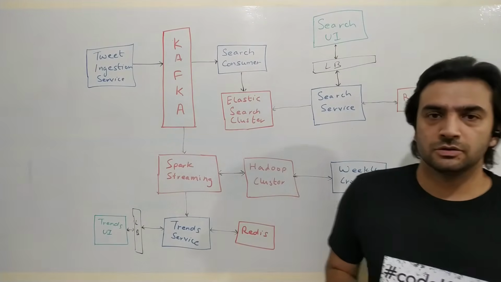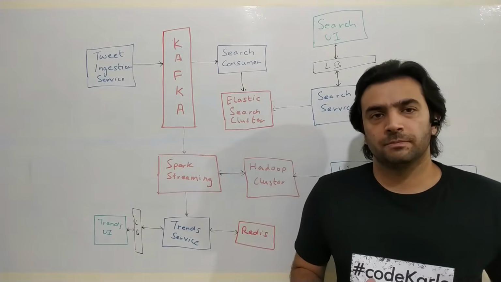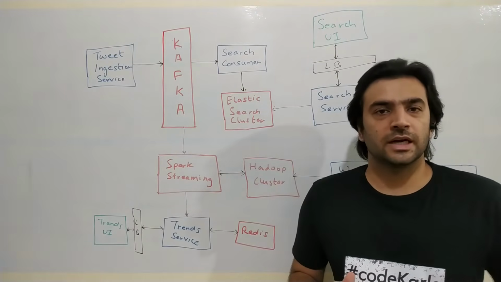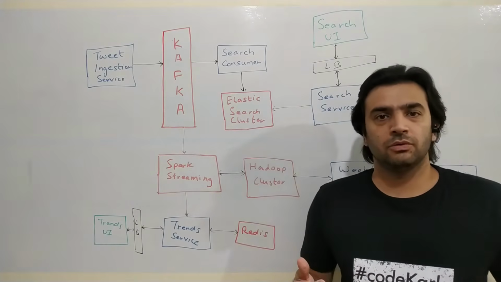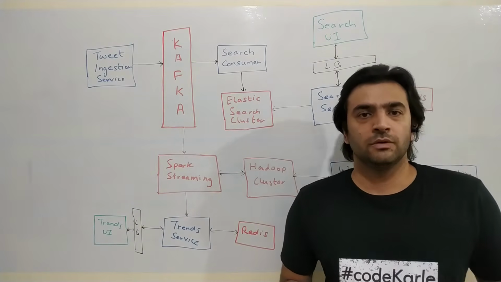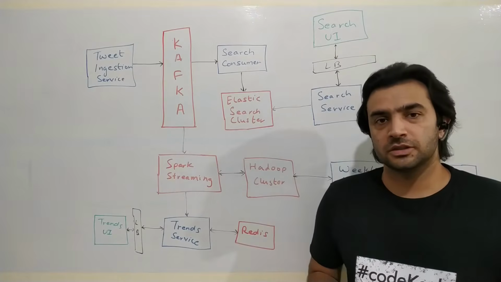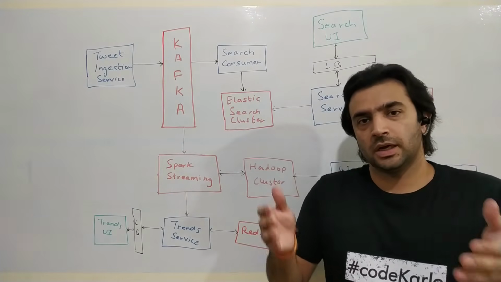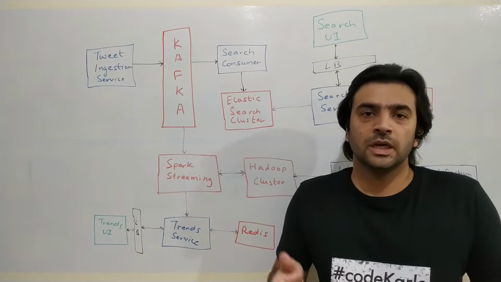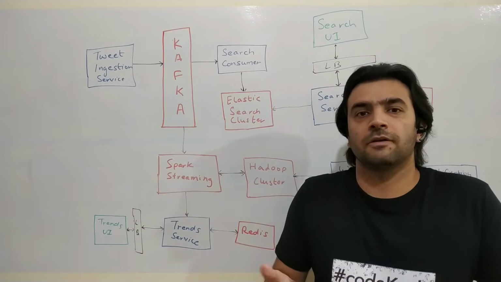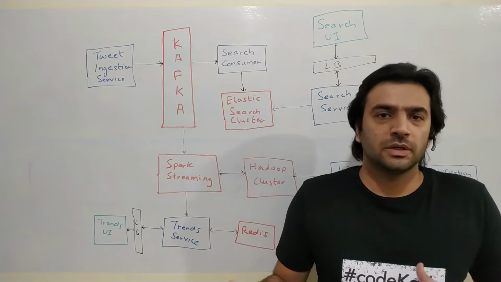Now, why Elasticsearch? The requirement here is we need to do text identification first of all, and relevance, right? So we need to first identify all the tweets which have a particular search string that the user has mentioned, and out of all the tweets which have that particular substring, rank them in order of relevance. Now there are various implementations to it.